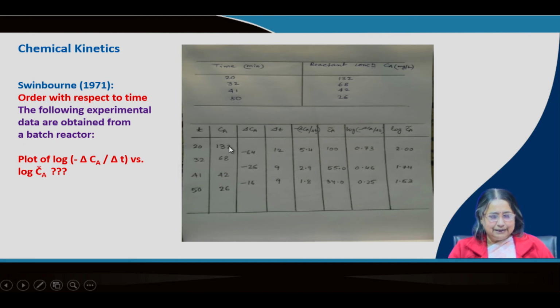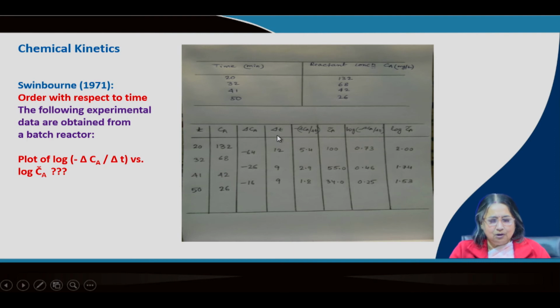It is the difference between successive Ca values, and delta t is the difference between successive times. That is why it is written in the middle.